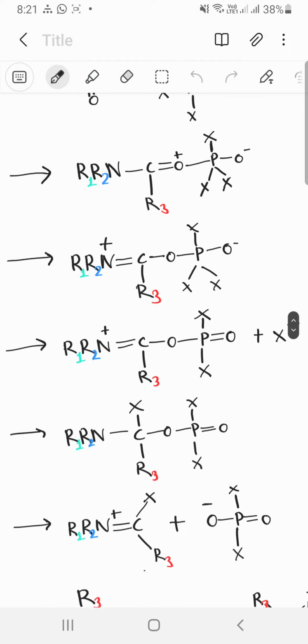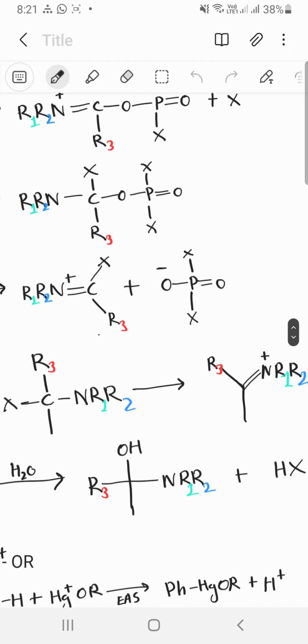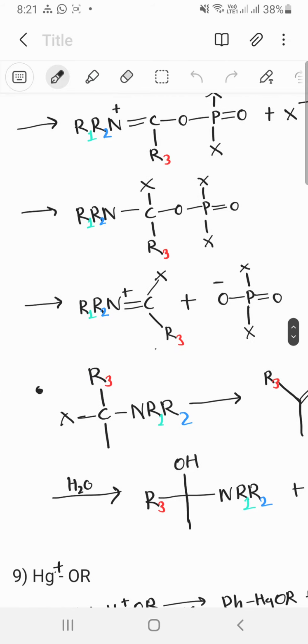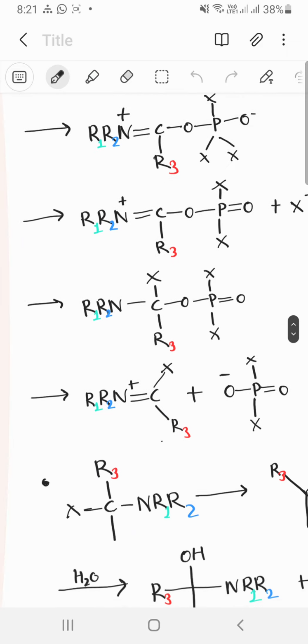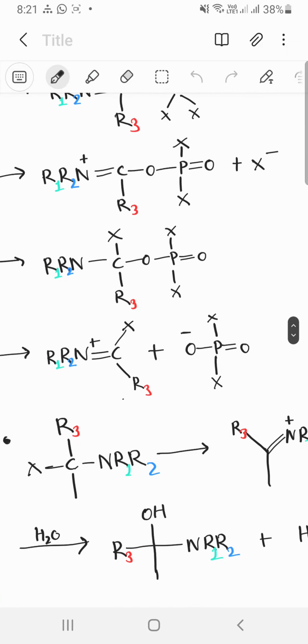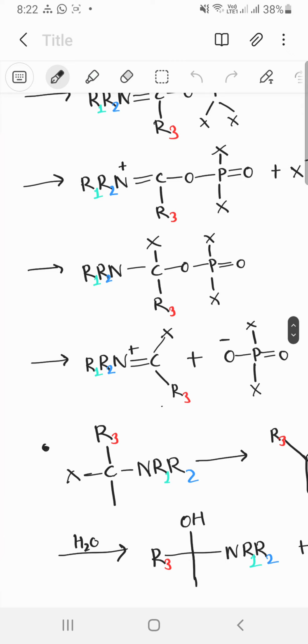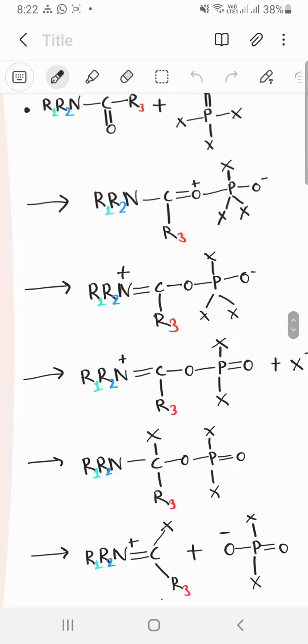So it looks like it's not doing anything. Wait. Where did that OH group go? So it did kick out something. It halogenated, sure, but wait a second.